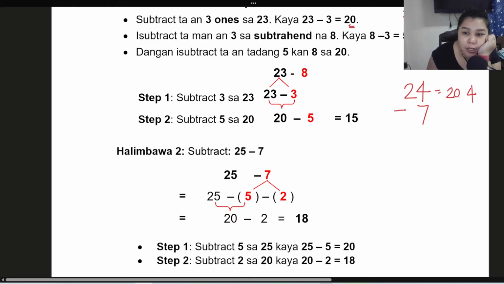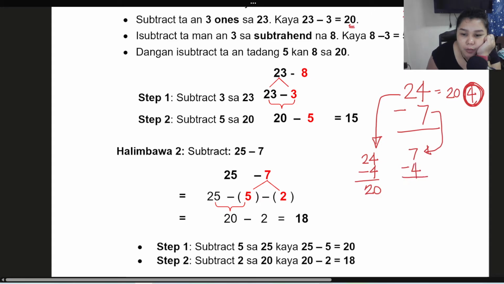So, we have here yung sa ones na 4. This will be used as our subtrahend. So, starting with 24. So, 24 minus 4 equals 20. Ito namang subtrahend. So, 7 minus 4 equals 3.